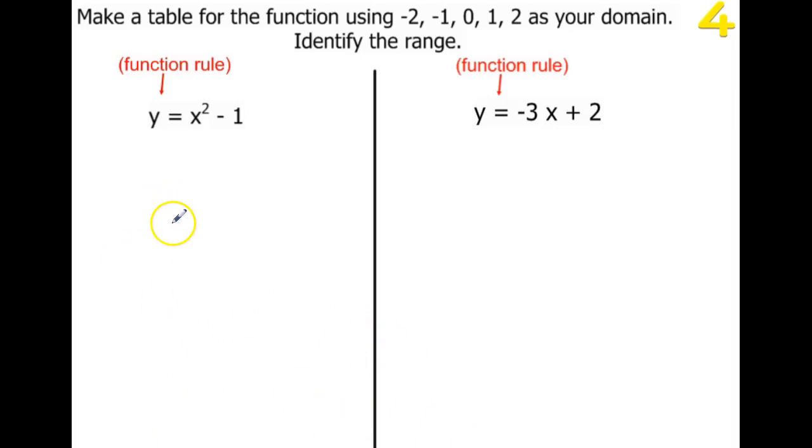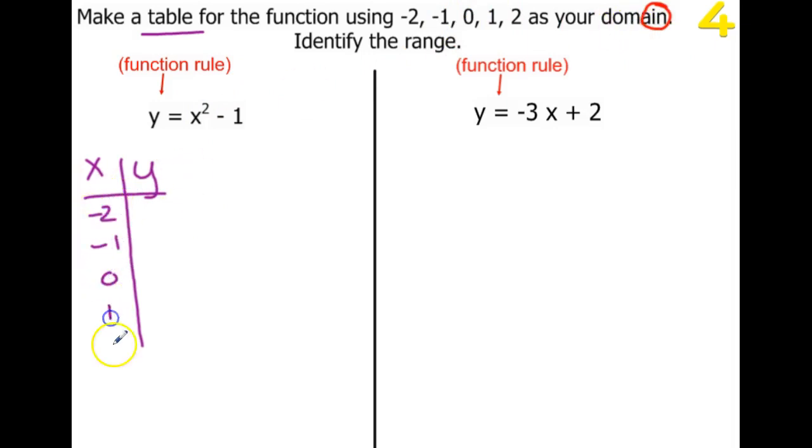Alright, next. Make a table for the function using -2, -1, 0, 1, and 2 as your domain, so that's telling us what we're going to plug in. And then identify the range. So first thing it says is make a table. So I'm going to make an XY table. And they're telling me to plug in for x, -2, -1, 0, 1, and 2.